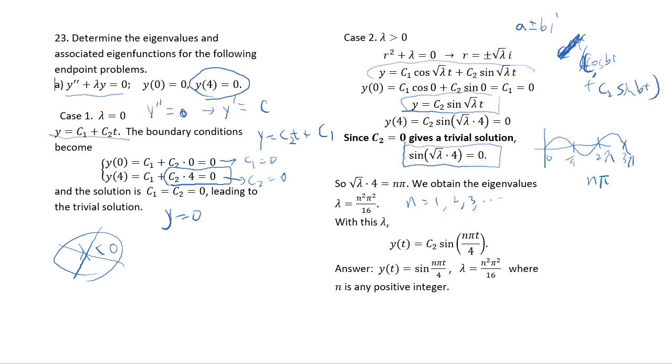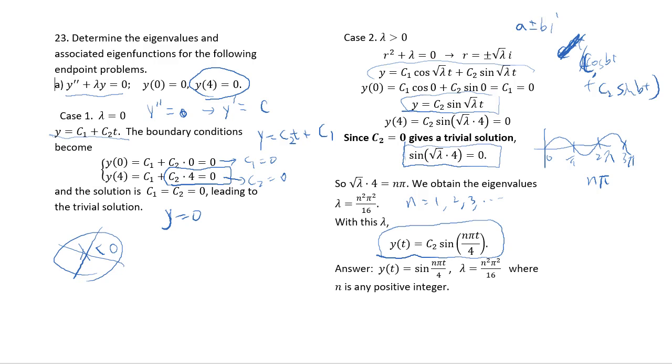And if you plug that back into here, right here, y is c2, c1 has to be 0, and so you get this. If you replace lambda by this thing in here, you end up with y being this. Okay. And this is the general eigenvector for the case lambda equal to n squared pi squared over 16.